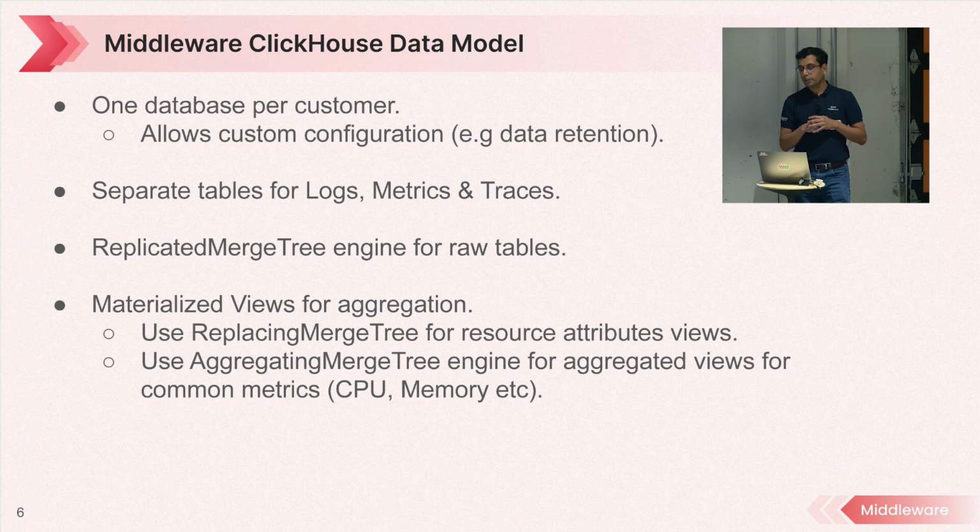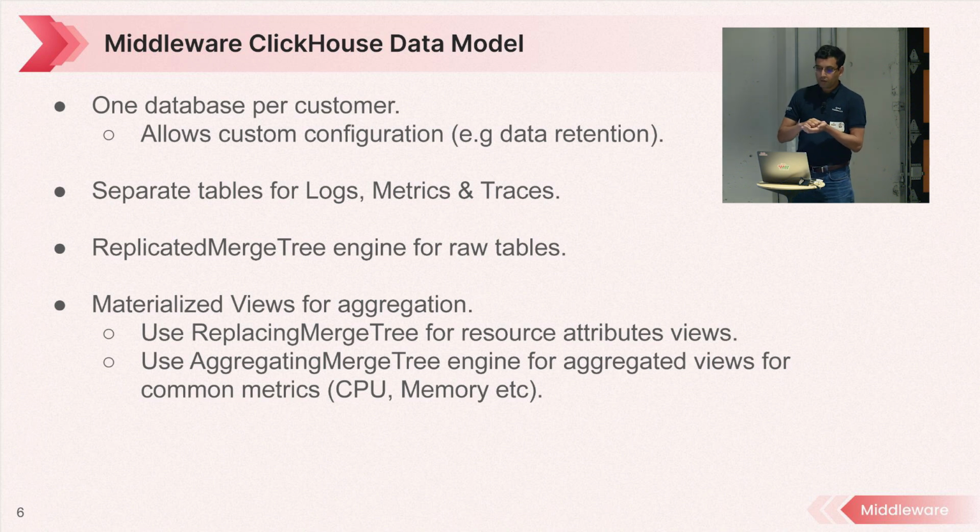Like ReplacingMergeTree engine in one of the materialized views where we want resource attribute views. For example, when your service sends a log, typically there is a message that XYZ happened. And then there is a lot of metadata: this log was generated on this host ID in this region for this service.